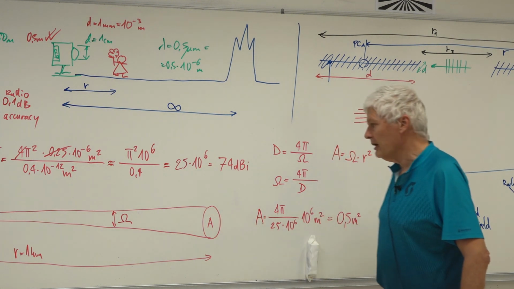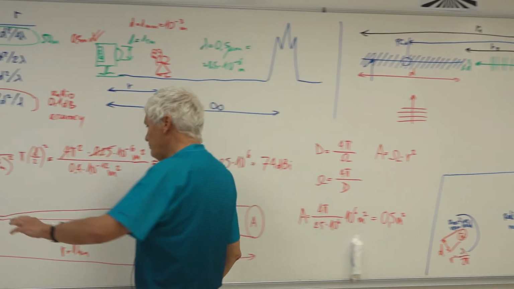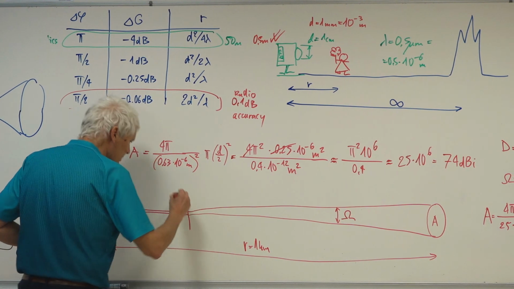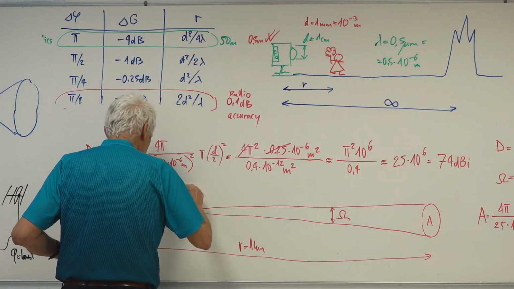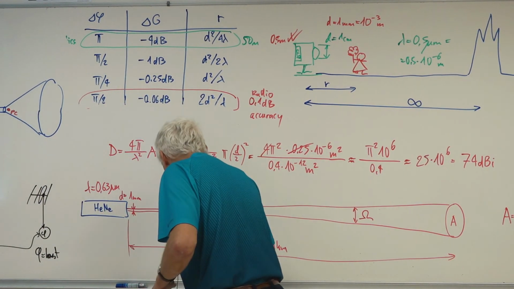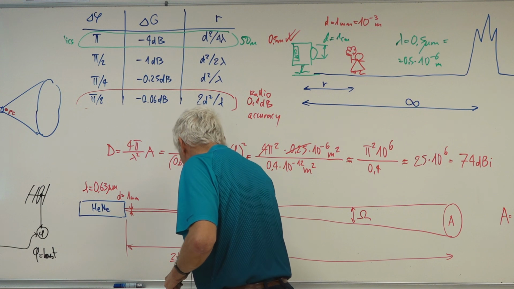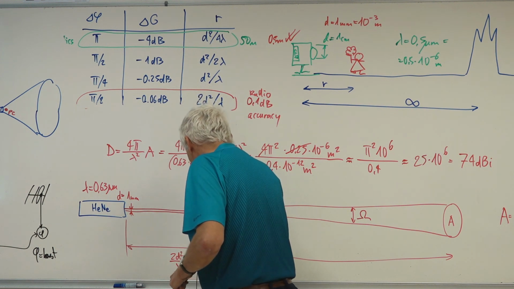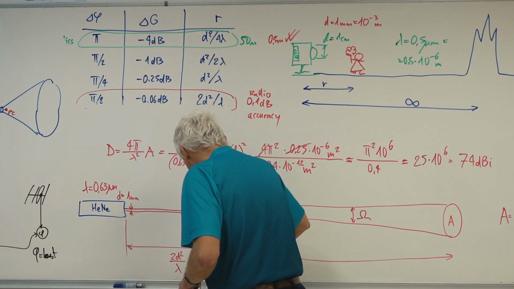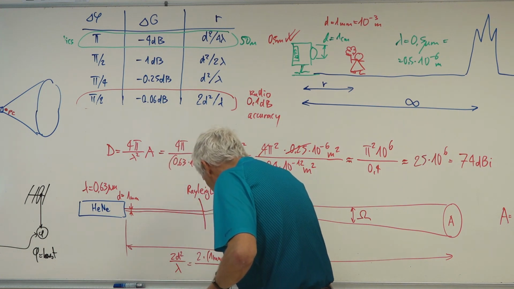The beam becomes very broad at large distance. Where is the throat of this beam, where a parallel beam transforms into a conical beam? This distance here is actually the Rayleigh distance. We can calculate this Rayleigh distance. This is 2d squared over lambda, where d is 1 millimeter. So 1 millimeter squared over lambda.